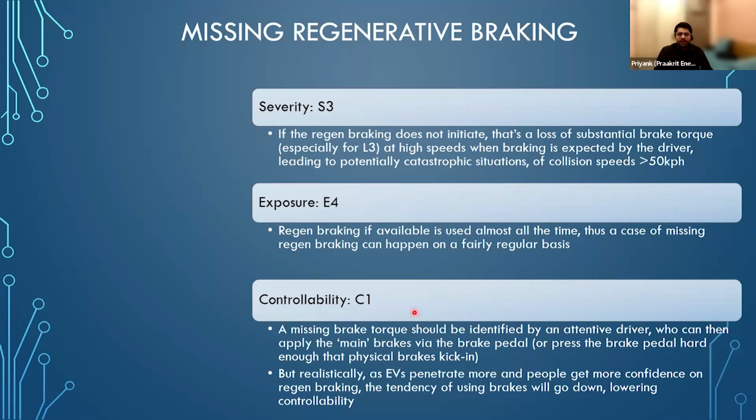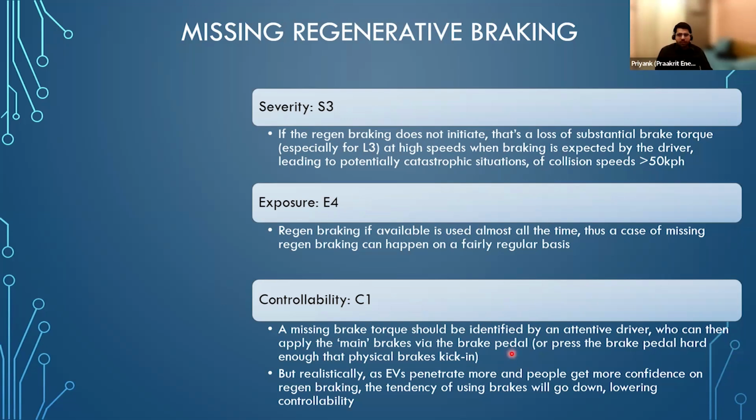And controllability, I almost agree with you, Dinesh, I think, who answered. But what I'd like to say there is that your assumption is correct that a missing brake torque should be identified by an attentive driver, who will then apply the main brakes and go on.